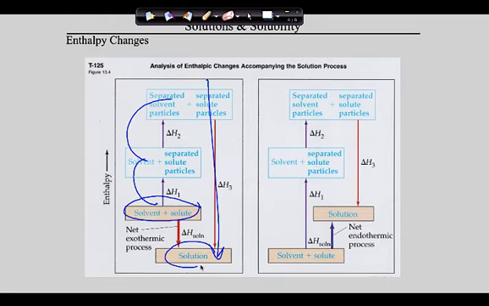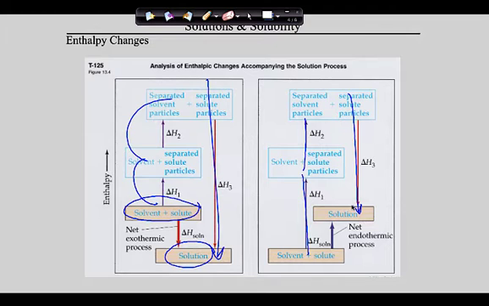Notice that here the solution has less energy than the things that make it up, so this would be an exothermic process that would dissolve. Now guys, here, when these separate, this would be an endothermic process because the net solution has more energy.